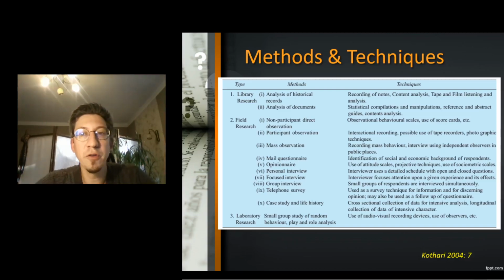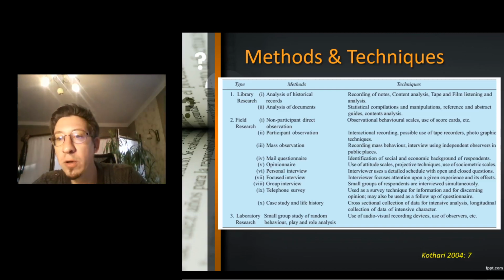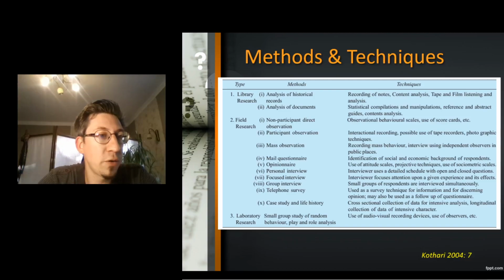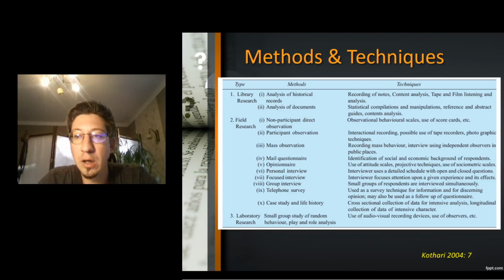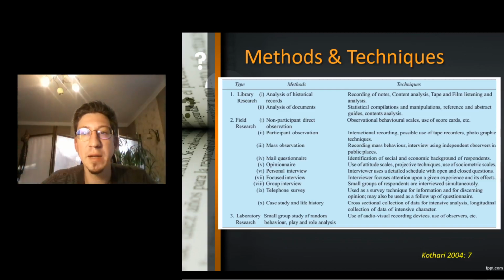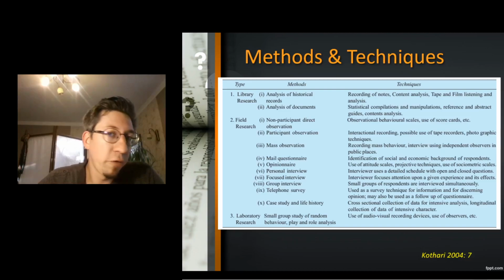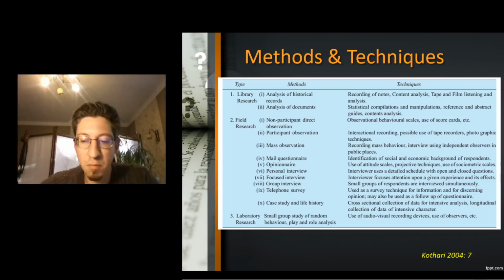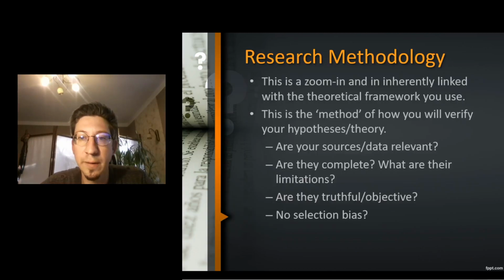So there's so many different methods of doing that, and then you have a whole list of techniques that you can use for this. I'm not going to go through all of them, but I just want to show the differences between type, methods, and techniques, and once again underline that it's very confusing that all three of them are called methods by researchers. So they can talk about different elements using the same word here.